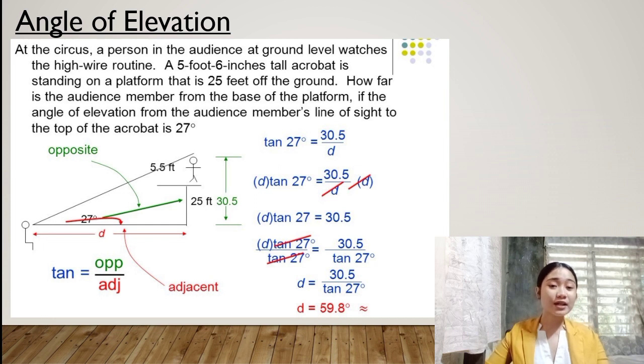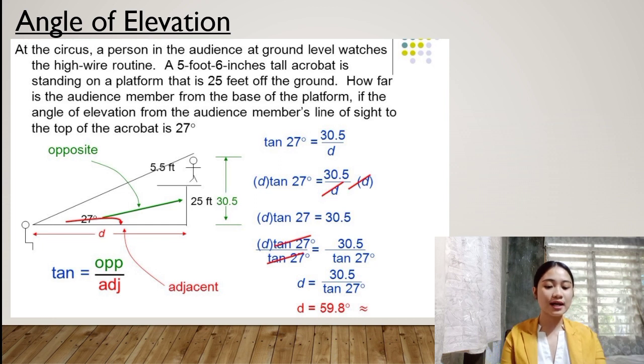However, if given naman yung hypotenuse, tapos hahanapin natin yung adjacent, yung gagamitin natin is cosine theta is equal to adjacent over hypotenuse. However, dito na problem is given yung opposite. So, hahanapin natin yung adjacent.